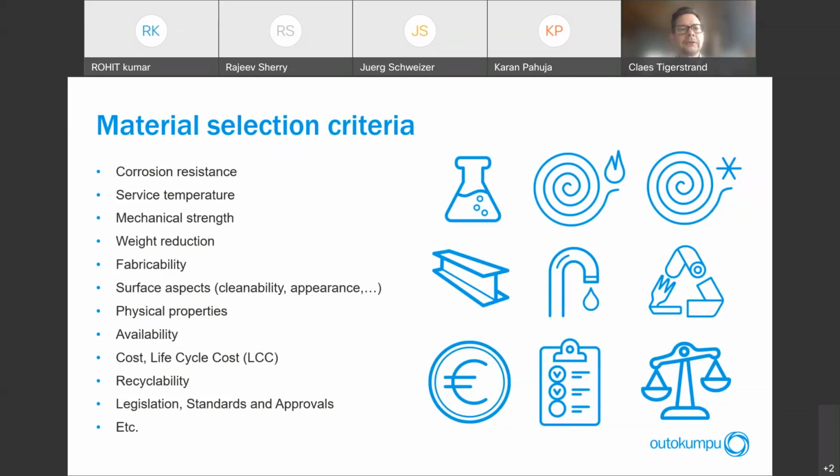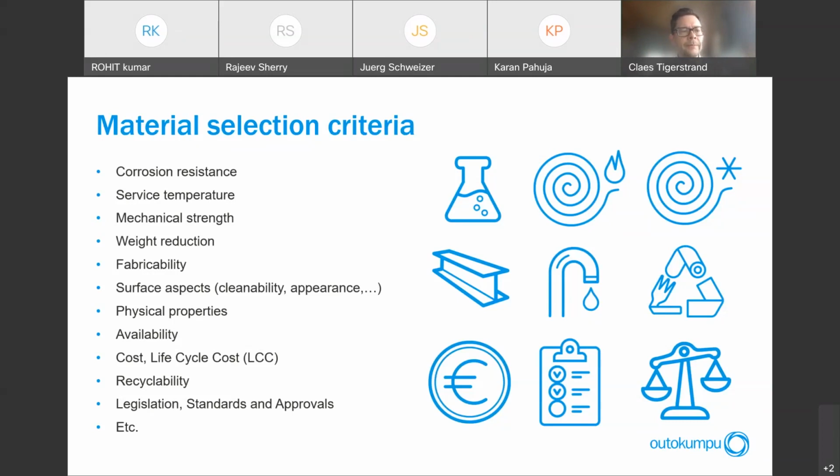Fabricability and especially weldability. Welding is key here. Structural. After talking about stainless steel, the surface aspects is of great importance, and there also the cleanability, the appearance of the surface.